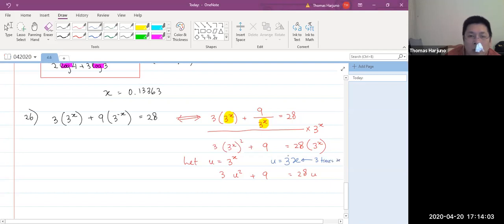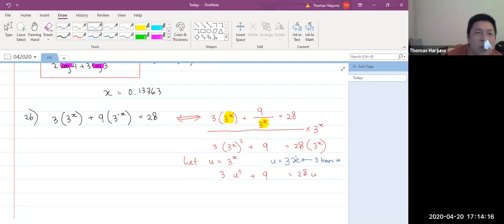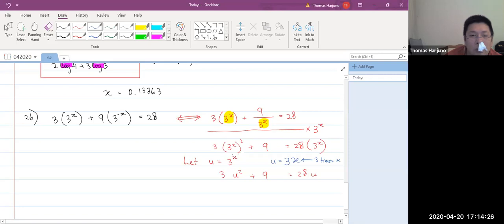Because you don't write it right and you don't pay attention to details, you make that mistake. And the mistake is not because Thomas was not being clear. No, that's because you yourself didn't write it right. So please be attentive to your own handwriting. That's 3 to the x, so the exponent has to be written as a superscript.